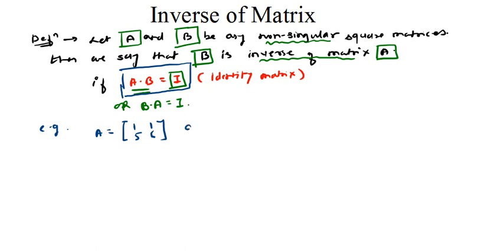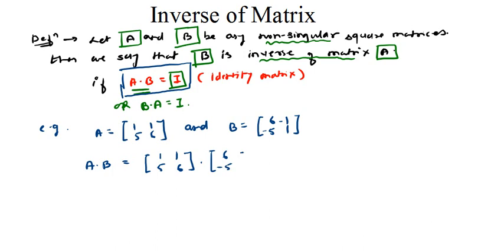Suppose I have a second matrix B, which is 6, 1, minus 5, and minus 1. If I take the multiplication of A into B, then see what happens. So this is 1, 5, 1, 6 into 6, minus 5, minus 1, 1.